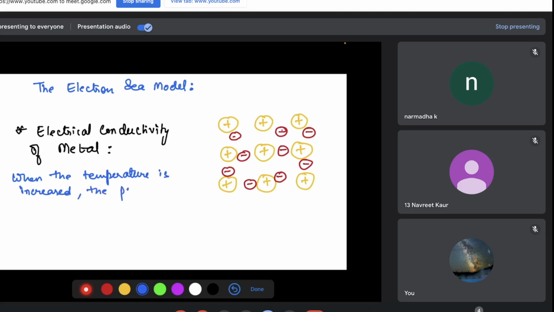The positive ions, or nuclei, start vibrating, and the thermal speed of the electrons will also increase, correct? Because as temperature increases, the energy will vibrate the atoms, the positive ions or cations, and the thermal energy of the free electrons will also increase.